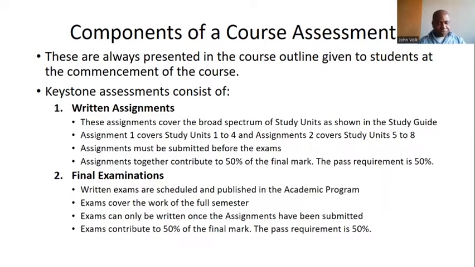Okay, now the final exam dates are usually published in the academic program for that academic year. At the end of each semester, there are supposed to be exams, and you have to make sure you check the exam day for your course.